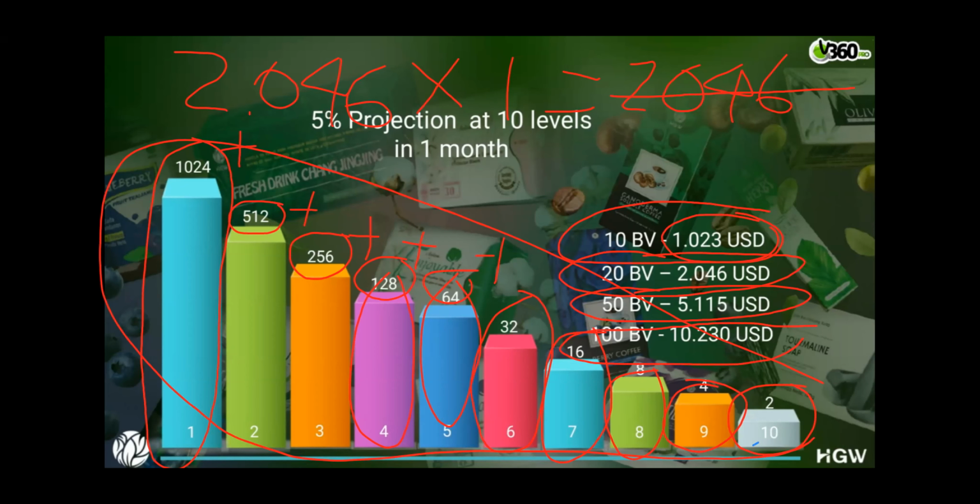$10,230 in the month, and your sponsor will be happy. Of course, your sponsor will be happy because he is going to win this same amount from you. Now your sponsor is working in his downline.